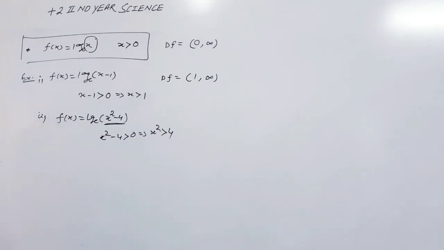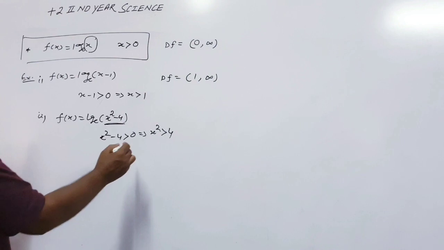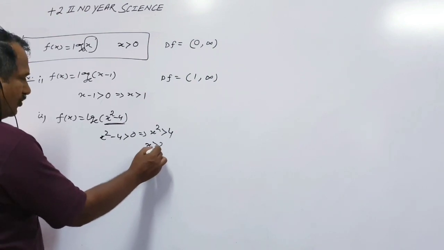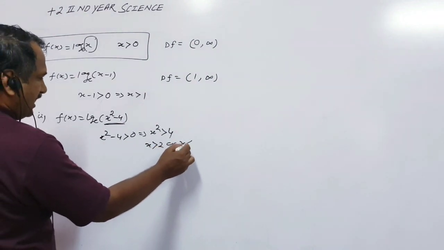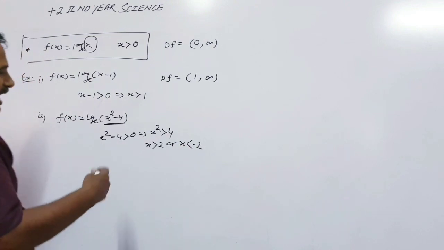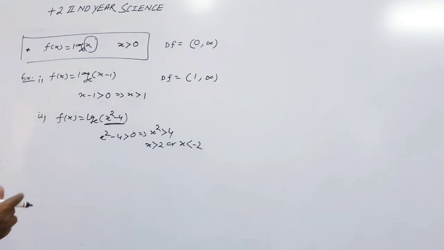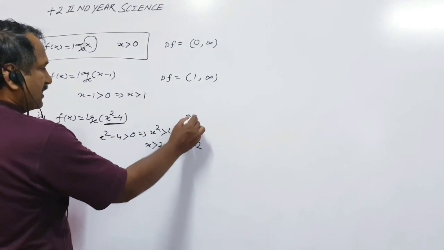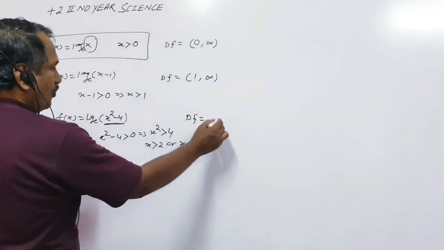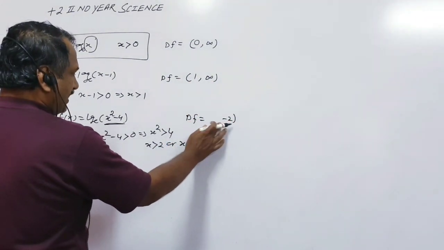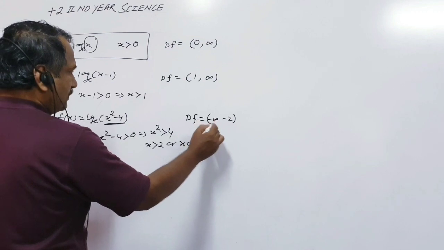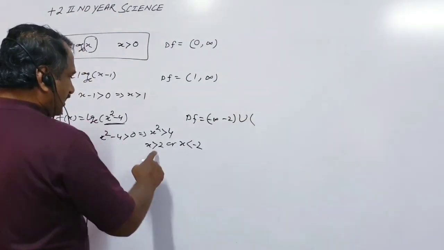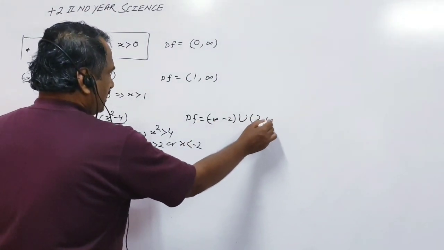What is the value of x? Either x > 2 or x < −2, then its square is greater than 4. So the domain of the function, if you combine these two, is (−∞, −2) union (2, ∞).